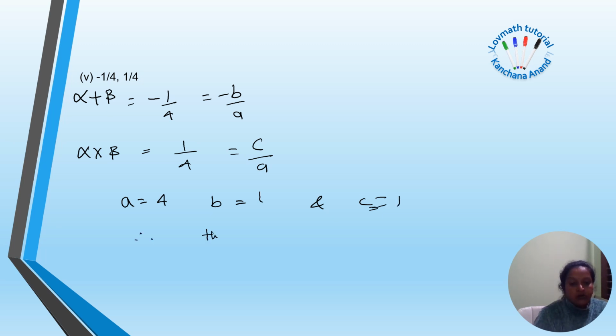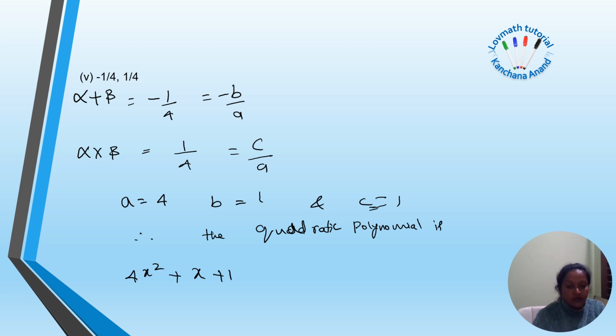Therefore, the quadratic polynomial is 4x square plus x plus 1 is equal to 0 is the required polynomial.